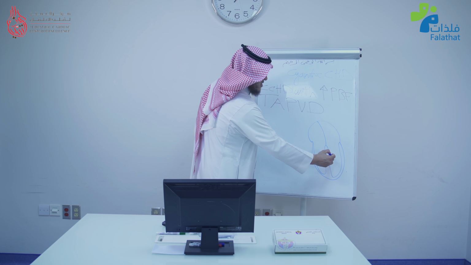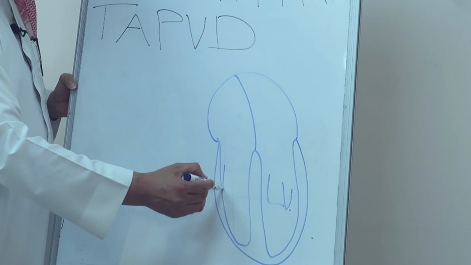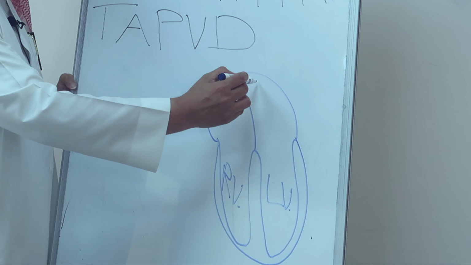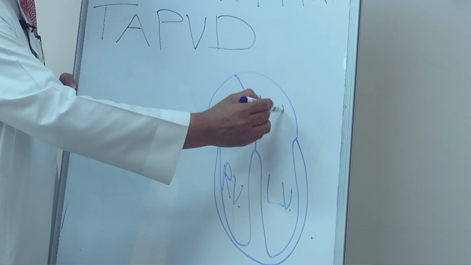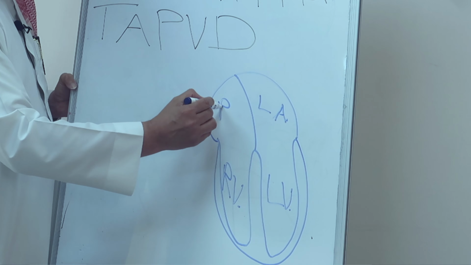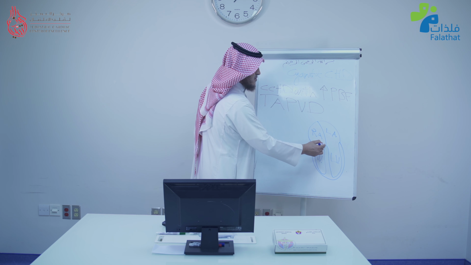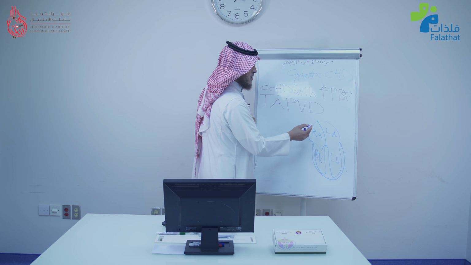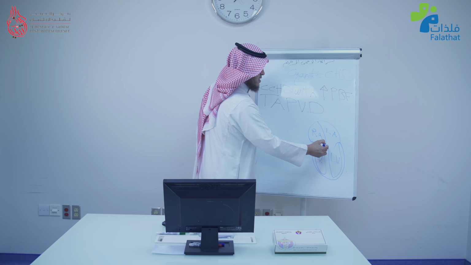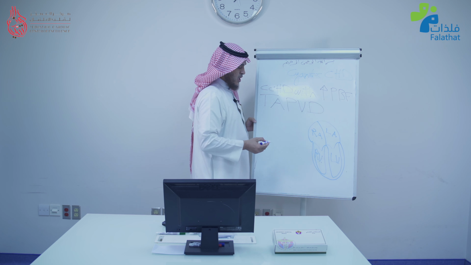This is the left ventricle, and this is the right ventricle. This is the left atrium, and this is the right atrium. Obviously, there's a valve which is called the tricuspid between the right atrium and the right ventricle, and the mitral valve is between the left atrium and the left ventricle.